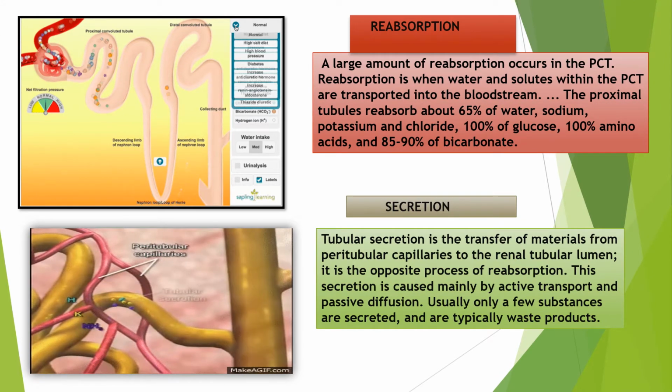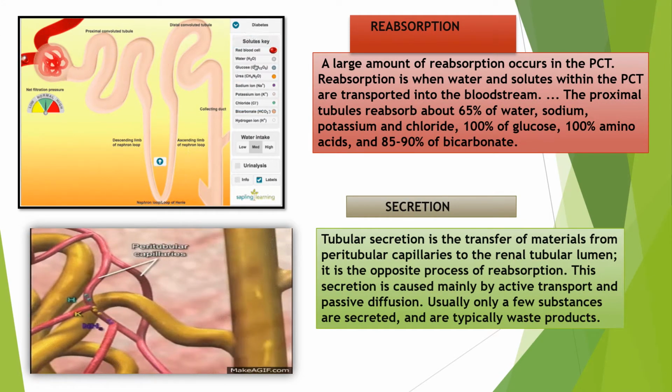Second step is reabsorption. A large amount of reabsorption occurs in the PCT, that means proximal convoluted tubule. Reabsorption is when water and solutes within the PCT are transported into the bloodstream.